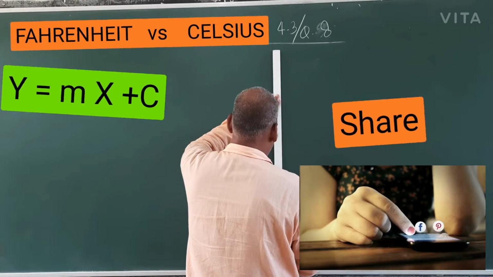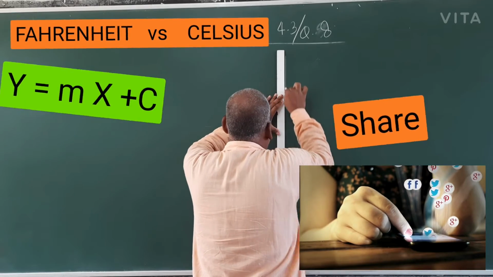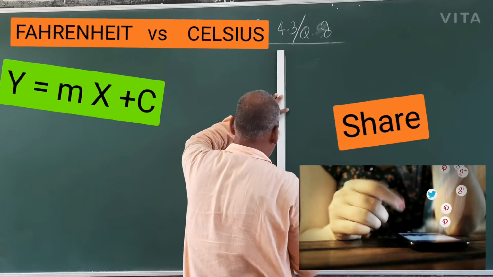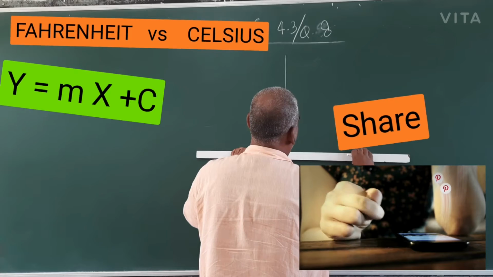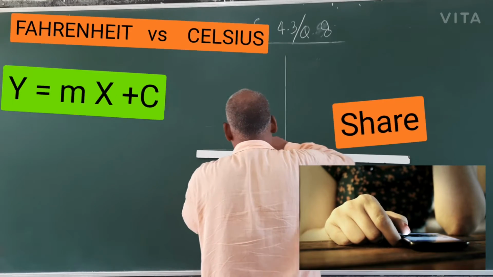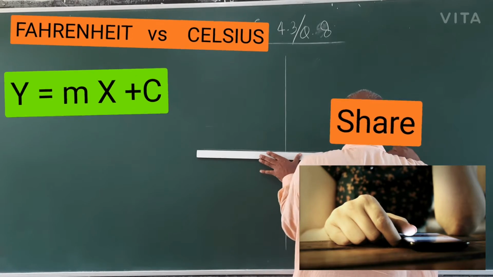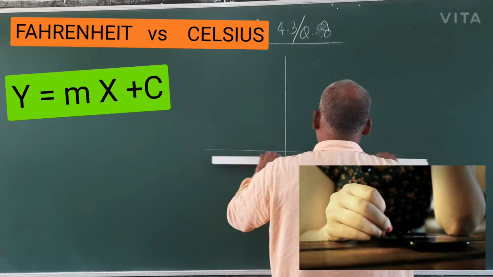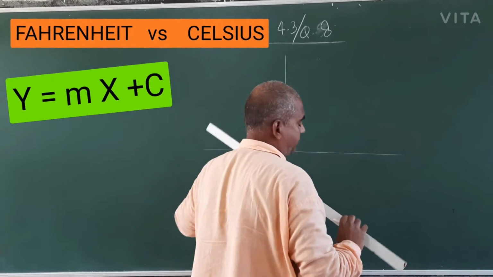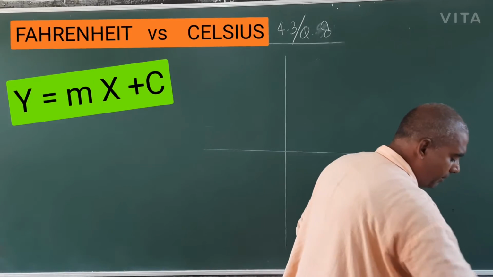So Celsius for the x-axis. We'll make the x-axis and y-axis first. You will be given a graph paper, so I am drawing here; you will draw on the graph paper.